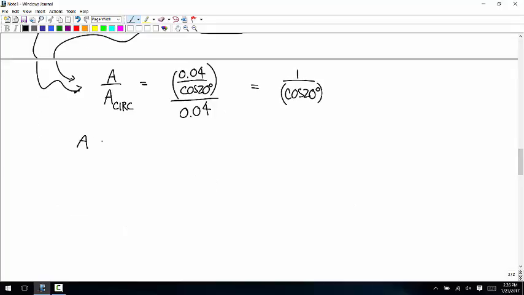So the total area is just equal to the area of the circle divided by the cosine of 20. So the area of that inclined shape is pi times 0.02 squared divided by cosine of 20.